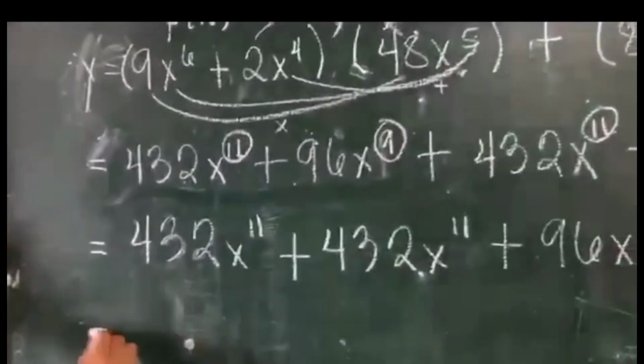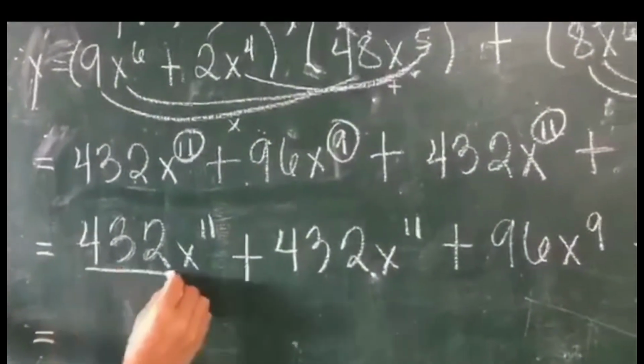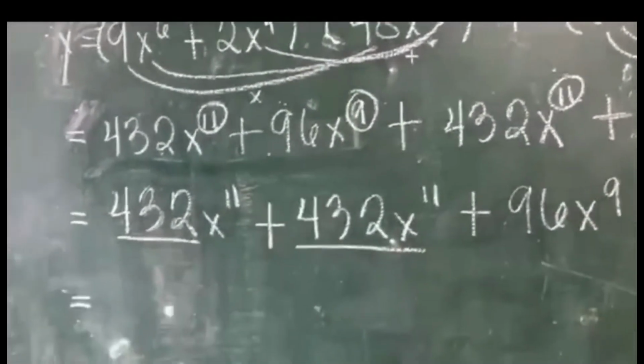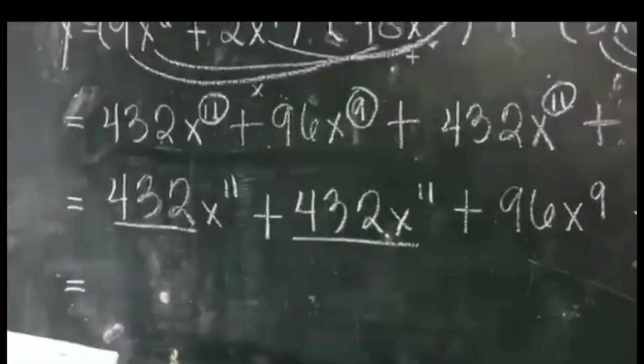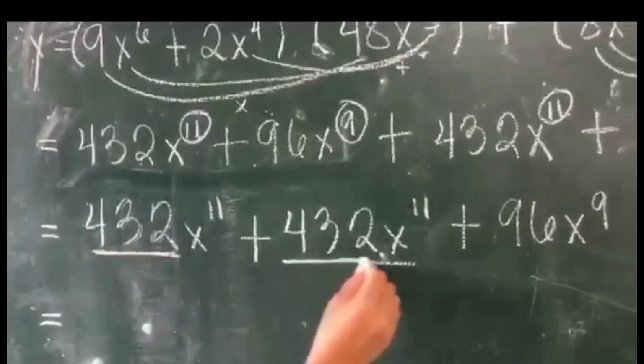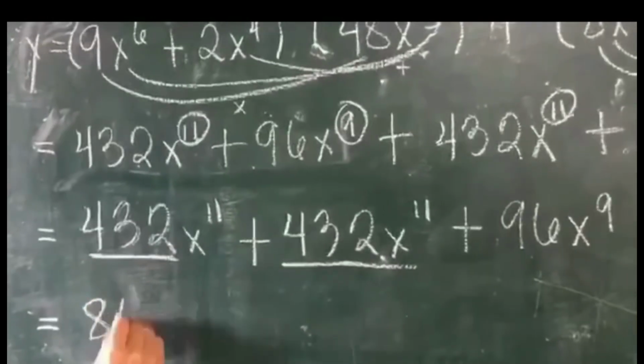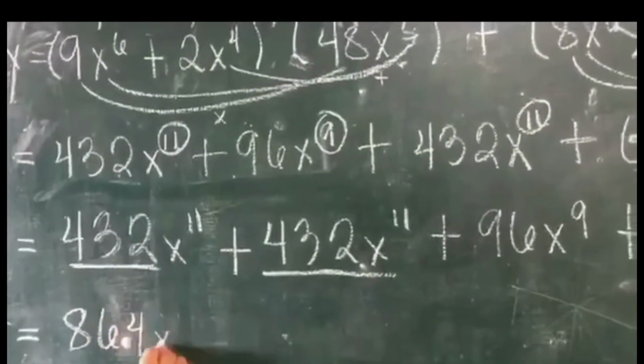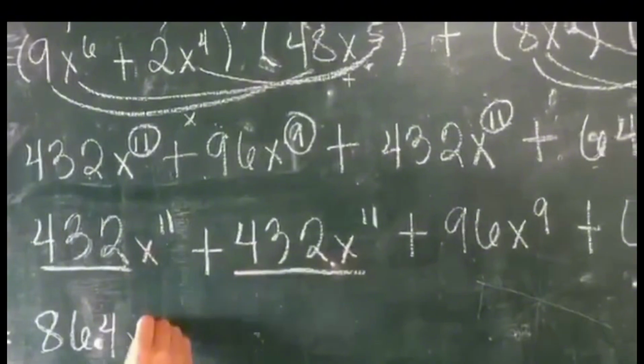Next, we need to add the terms that have the same exponent. So we have 432x raised to the power of 11 plus 432x raised to the power of 11 is 864x raised to the power of 11.